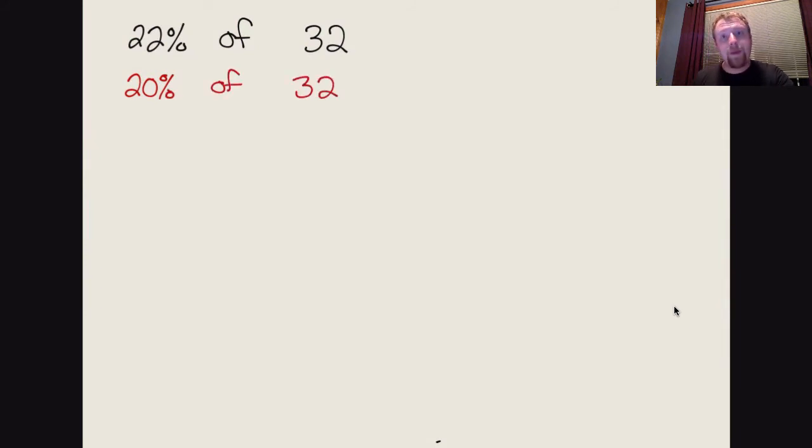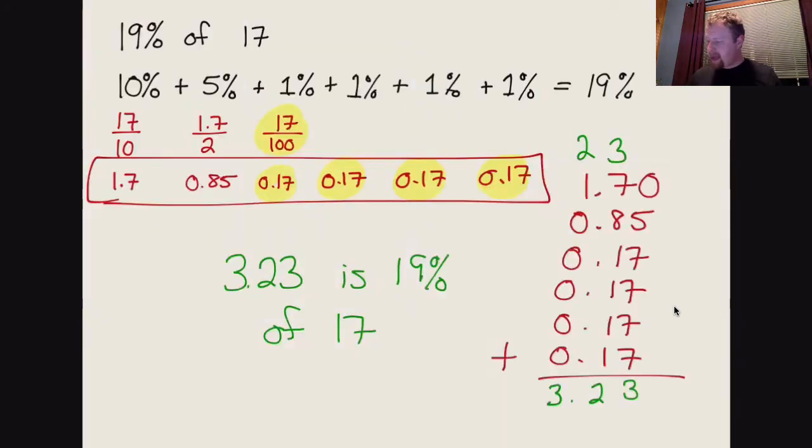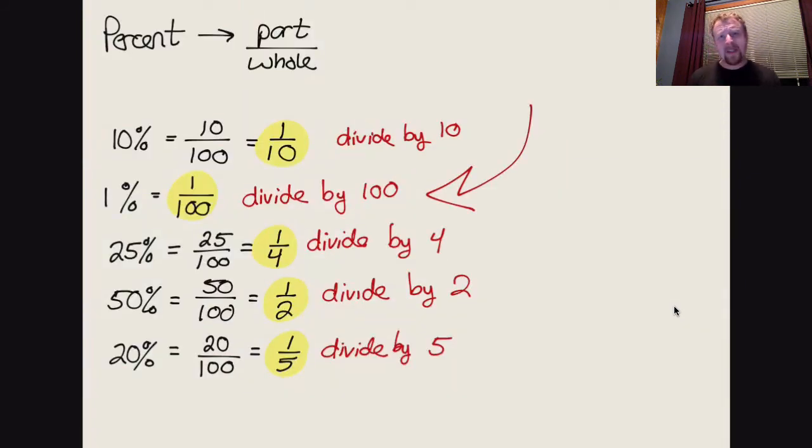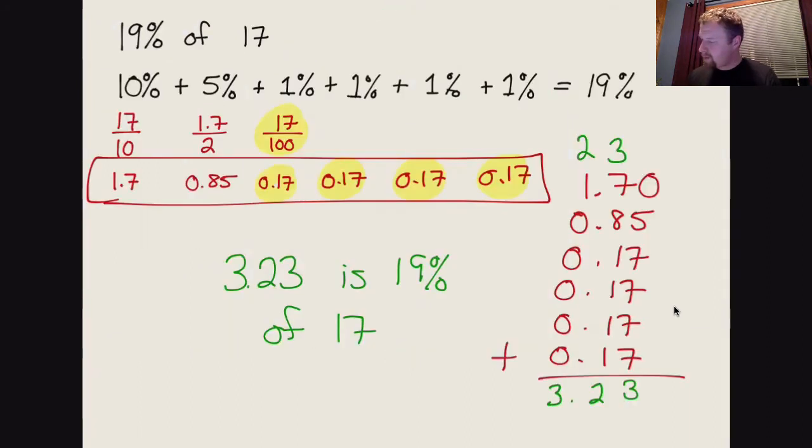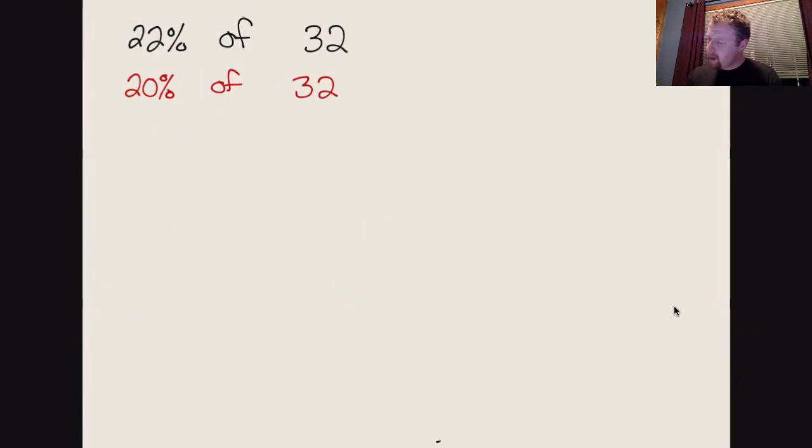To find 20% of 32, I would go back to my table here, and I would see that 20% is 1/5. So if I take 32 and divide it by 5, I'm going to be finding 20%. So I take 32 and I divide it by 5.